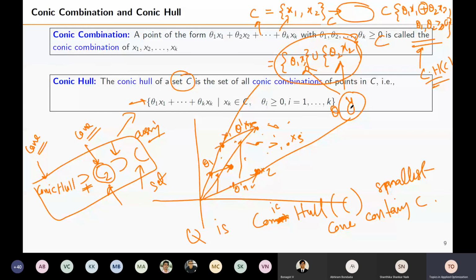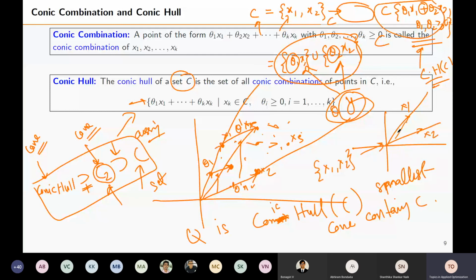So what some of you said is correct, right? So this is x1 and this is x2. That itself is a cone, and this was generated from x1, x2. But conic hull makes it convex in the sense that it also includes this part, right? So to answer my question, the conic hull is not necessarily the smallest cone containing C. There could be a smaller cone containing C. But in the convex case, it's a bit different.